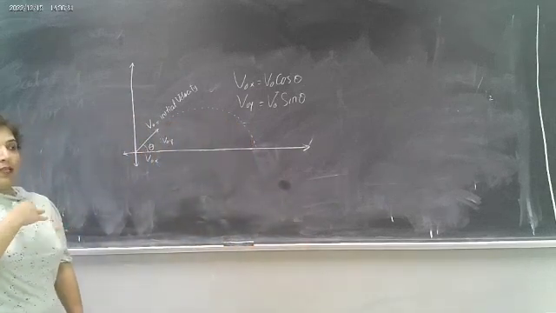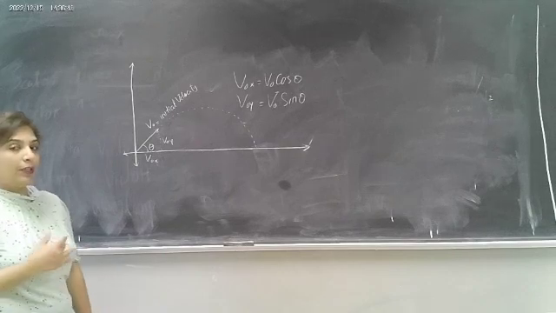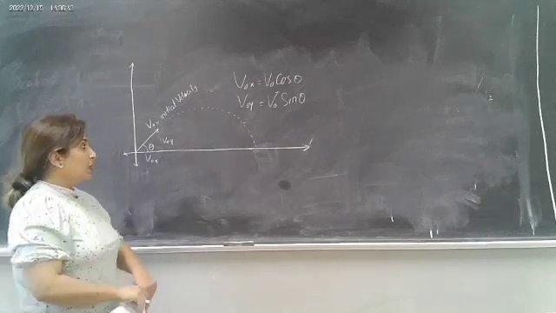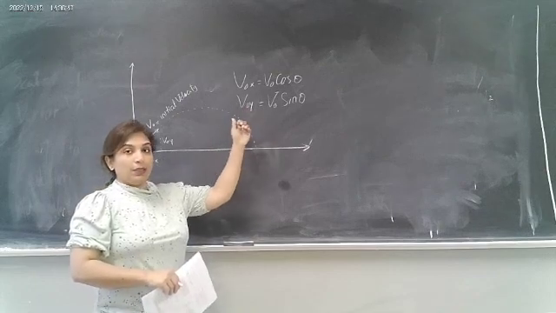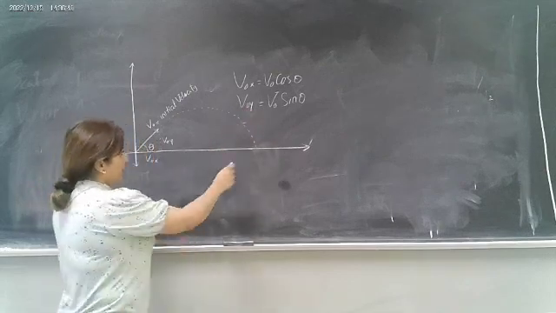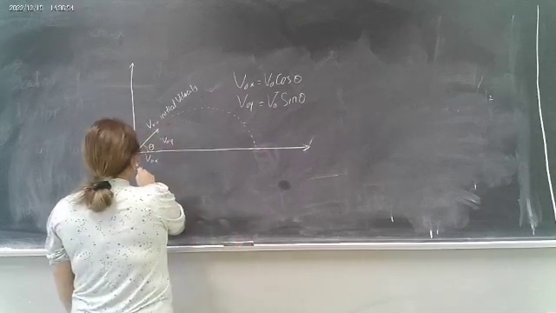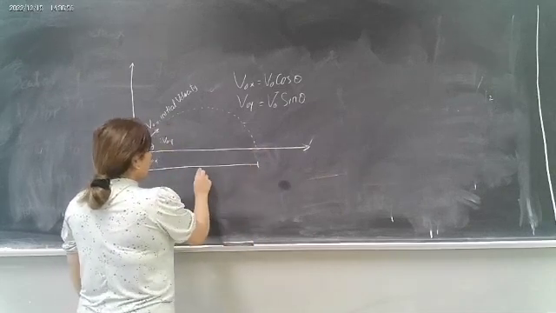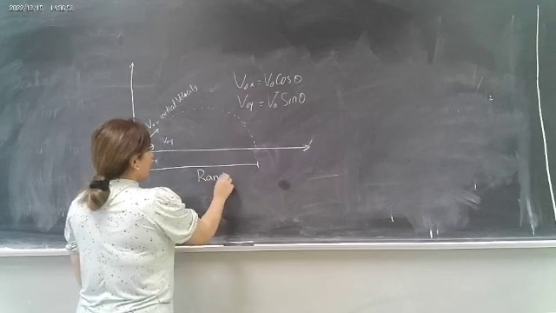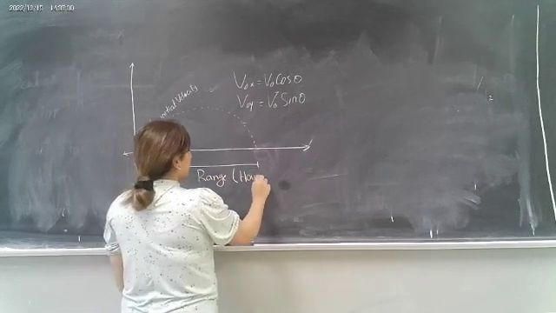In this projectile, it will land on the same level. However, it can land anywhere. Maybe there was a building here and it can land on the building. This distance is defined as the range of the projectile, how far it has landed.